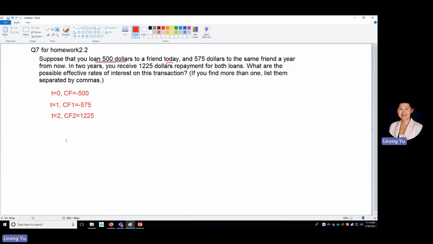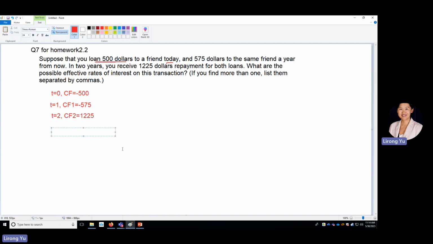What is the possible effective rate of interest for this kind of transaction? You can set up an equation for any time spot, but that's kind of my habit, setting the equation for t equal to 0. So for t equal to 0, you can set up the so-called equation of value.